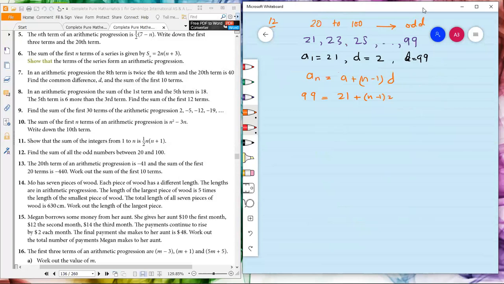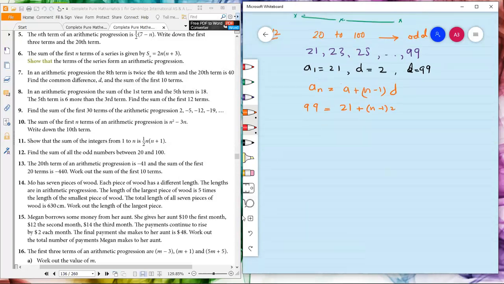So 21 plus 2n minus 2, so 19 plus 2n is equal to 99. So n minus 1 into 2, 2 will divide on this side, so n is equal to 40.